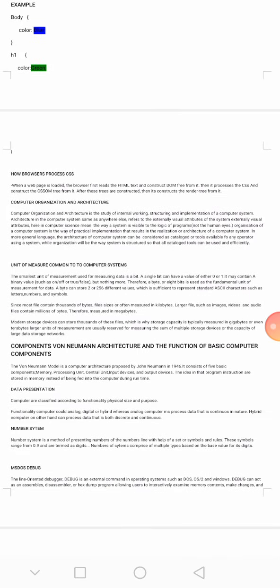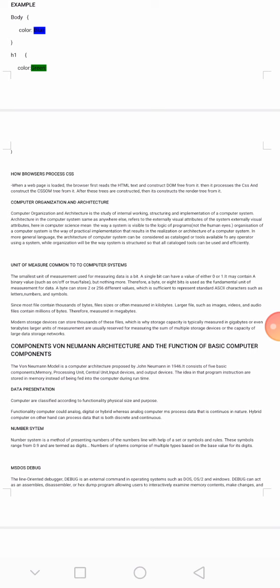Computer organization and architecture. Computer organization and architecture is the study of the internal working, structuring, and implementation of a computer system. Architecture in a computer system, same as anywhere else, refers to the externally visible attributes of the system. Externally visible attributes here in computer science mean the way a system is visible to the logic of programs, not the human eyes.